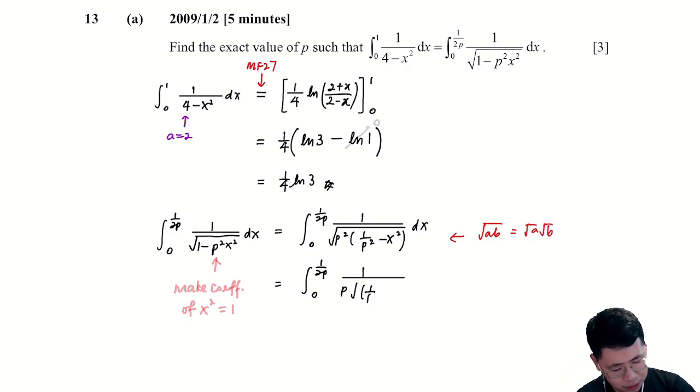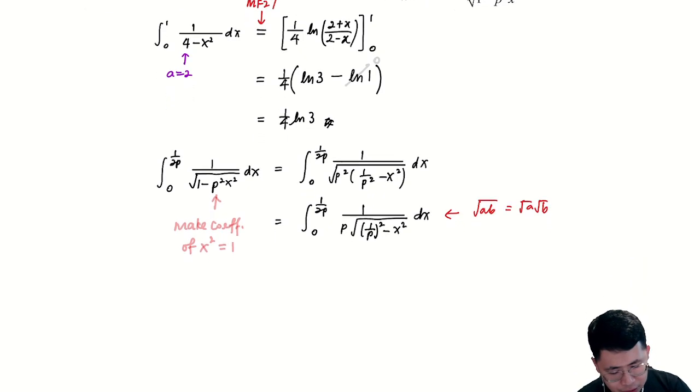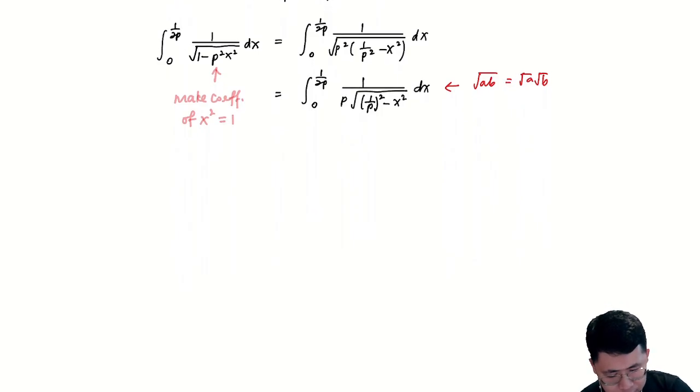So this is the one where I made use of the product of the surds. With this, p is actually a constant multiple, correct? So let me bring the 1 over p out over here.